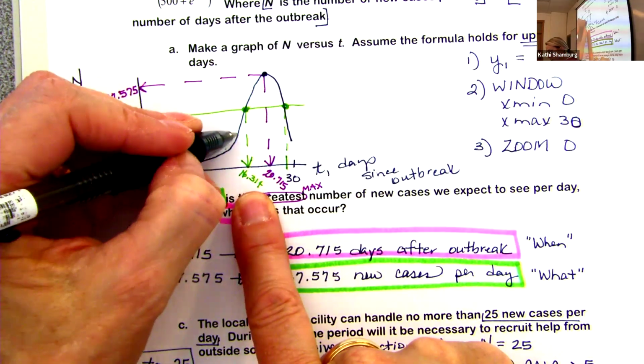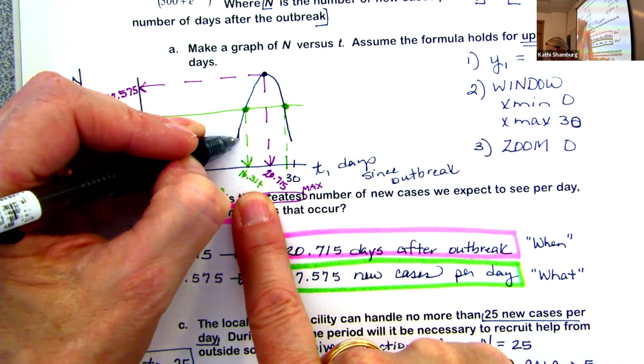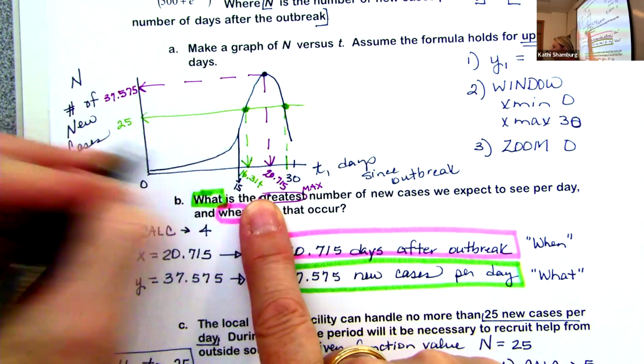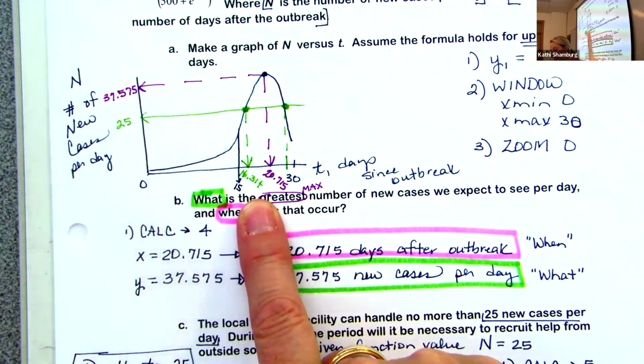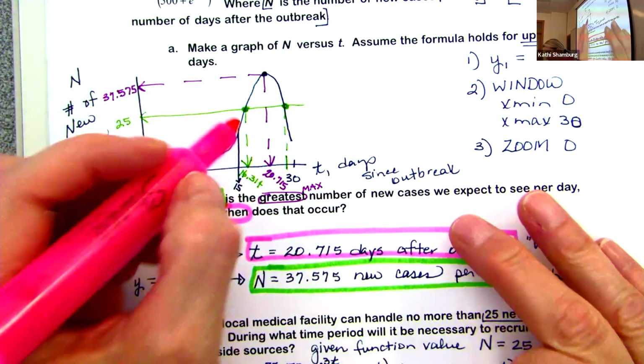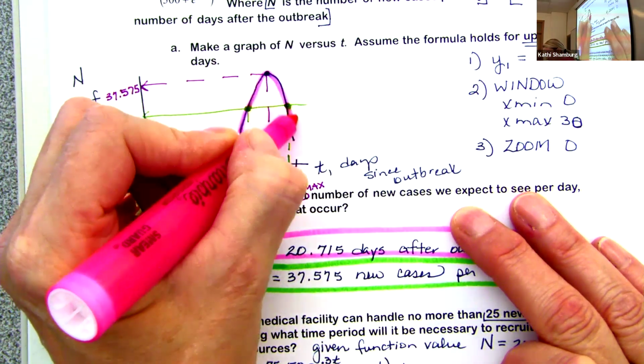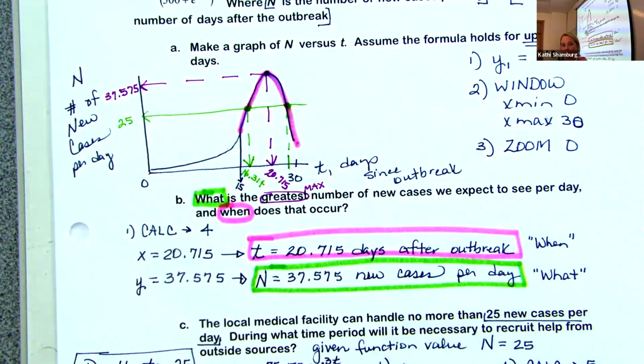So would you agree with me that day 15 would be somewhere around here? Okay, and it said from day 15 and after. Okay, so I'm looking at only the pink highlighted part.